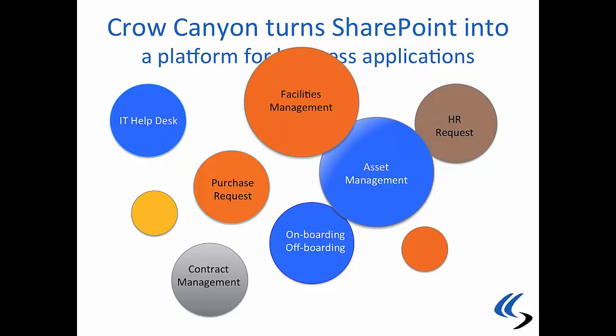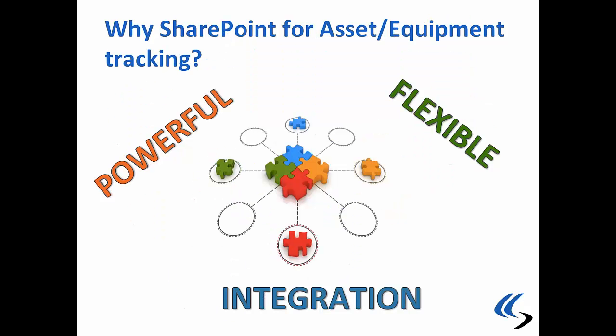All right. So in terms of Crow Canyon and what we do today, we've built these applications on SharePoint. We have done it for a particular reason. We think that SharePoint is a powerful application that provides a collaborative environment. It's very flexible. There's also this level of integration that can be done as we build applications, and these applications might sit in separate sites, have their own lists, own document libraries, and we have the ability to connect those through a group of components or web parts that we've built and added to our systems to provide an enhanced functionality within SharePoint.